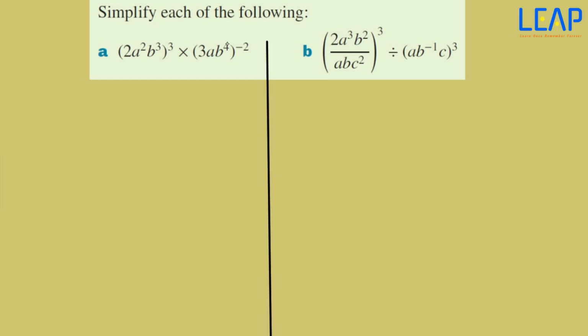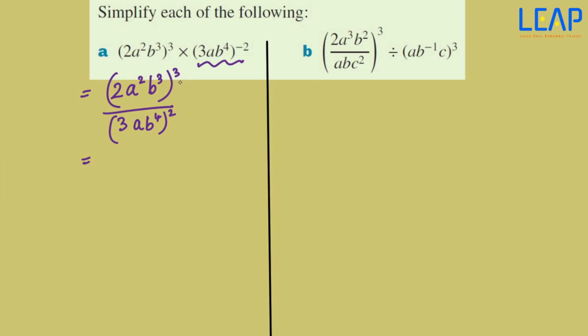So what you can do here is make this the denominator for the first term. In order to rewrite that, I'm going to do 2a squared b cubed, the whole cubed, over 3a b to the power 4, the whole to the power of positive 2 as an exponent.